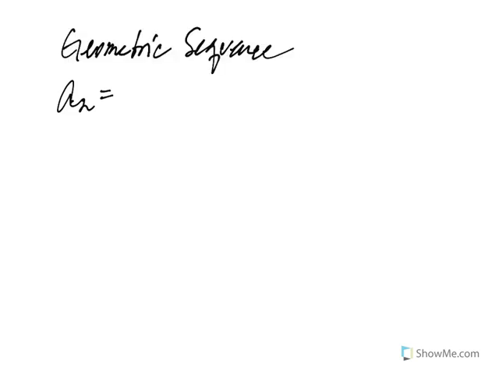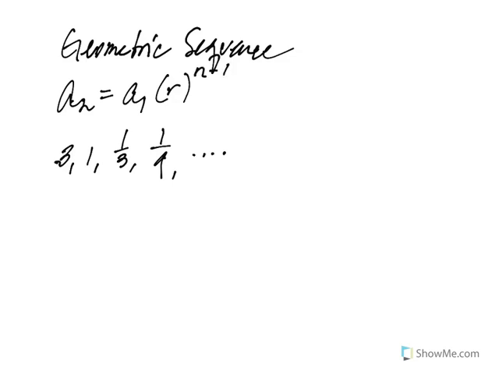All right, the last special sequence that we deal with here is a geometric sequence. So for instance, if I have something like 3, 1, a third, a ninth, etc. If you recall, the nth term for a geometric sequence is a sub 1 times my ratio to the n minus 1 power.